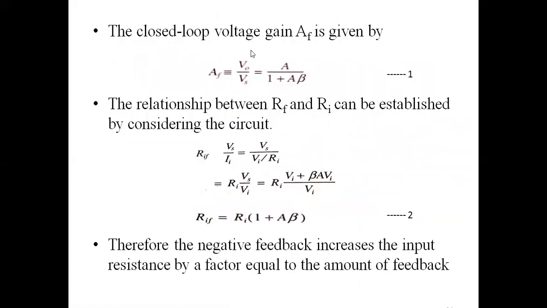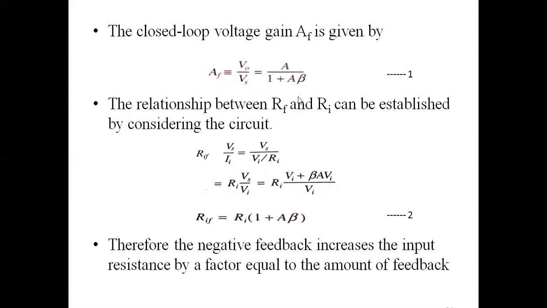Now, the closed loop voltage gain AF for series shunt feedback is the output voltage divided by the input voltage, V0 by Vs. Since the above circuit is similar to our basic topology, we can directly write it as A divided by 1 plus A beta. Here A and beta have reciprocal units.